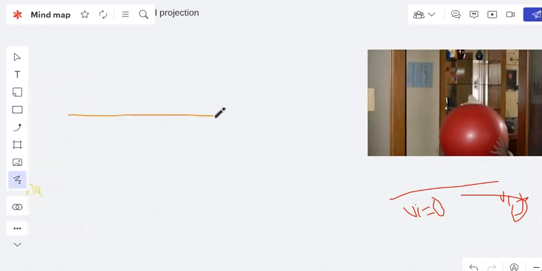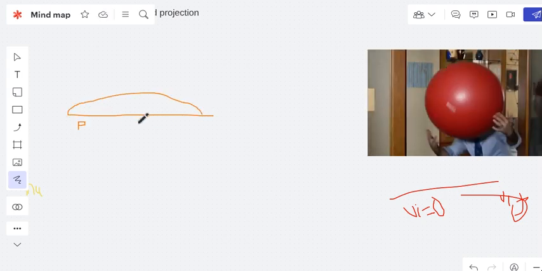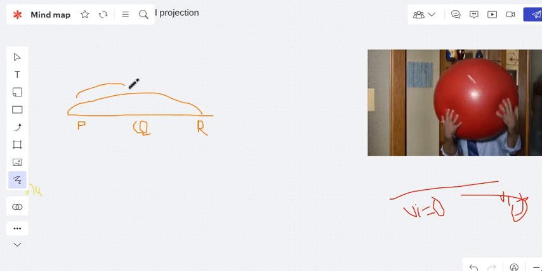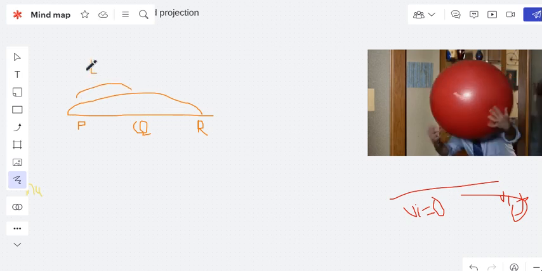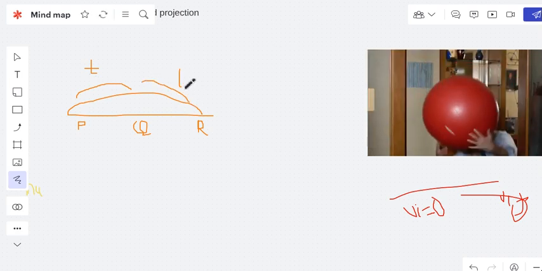So remember that this is the projectile path, T, this is Q, this is R. So the distance from T to Q is represented by a small t, and then the distance from Q to R is represented by a small t.